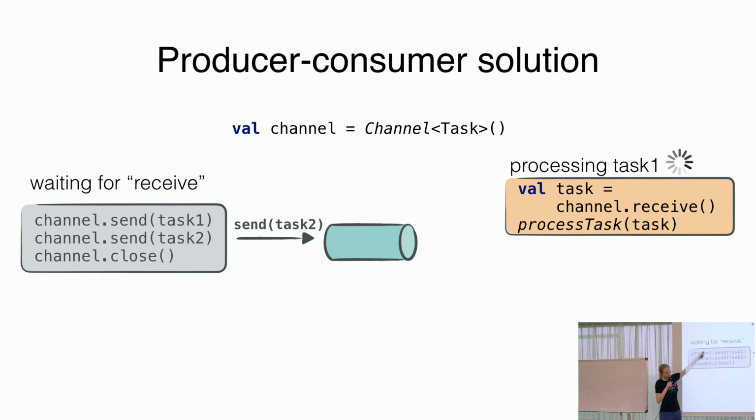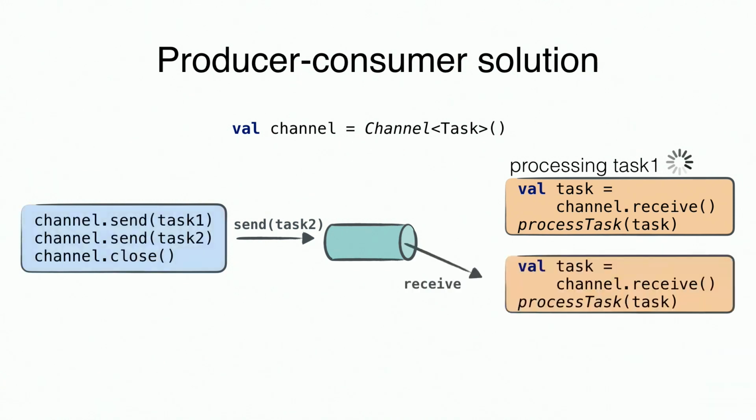Because of that, this coroutine suspends, waiting for receive. And when the consumer coroutine starts and calls receive, the rendezvous happens, and the element is transferred from producer to consumer.